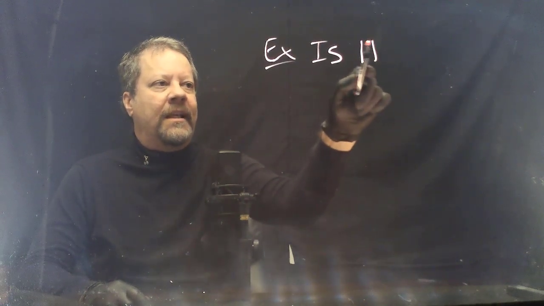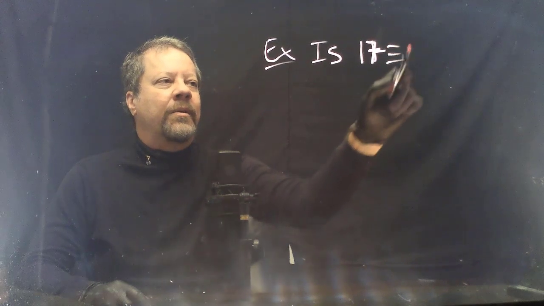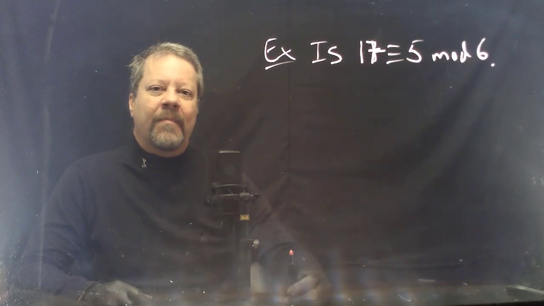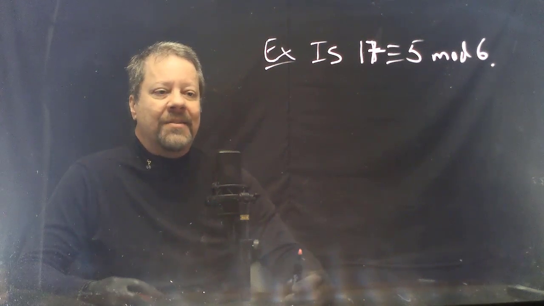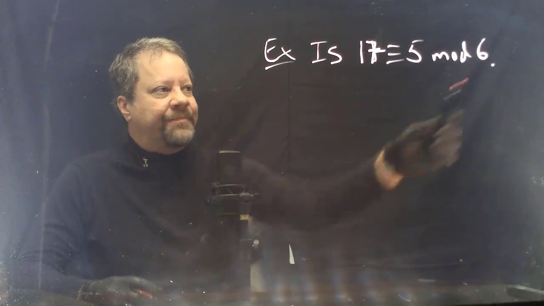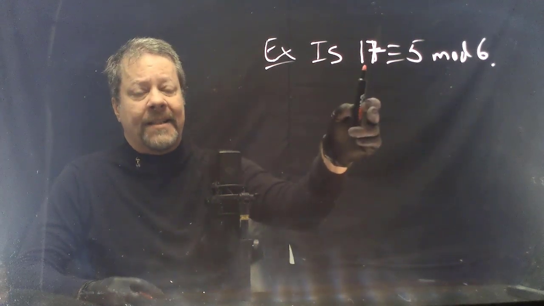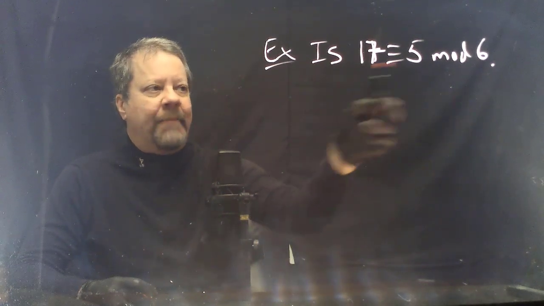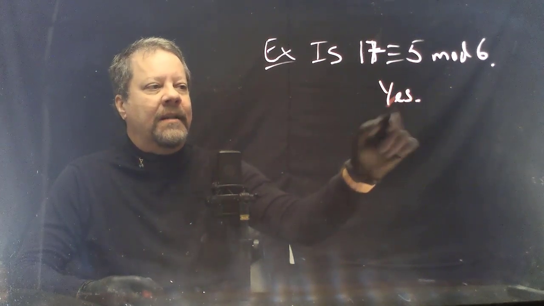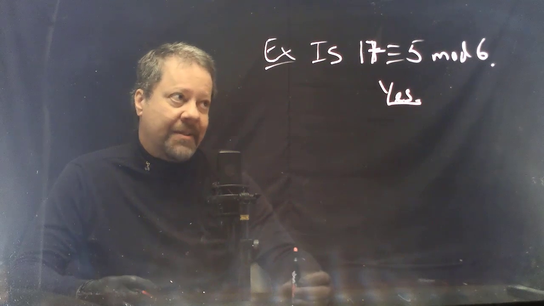Is 17 congruent to 5 mod 6? Well, just keep subtracting 6's until you get it down to whatever the minimum number is. 17 minus 6 would be 11. 11 minus 6 is 5. So yes. The answer is yes, but we could answer this a little more definitively.